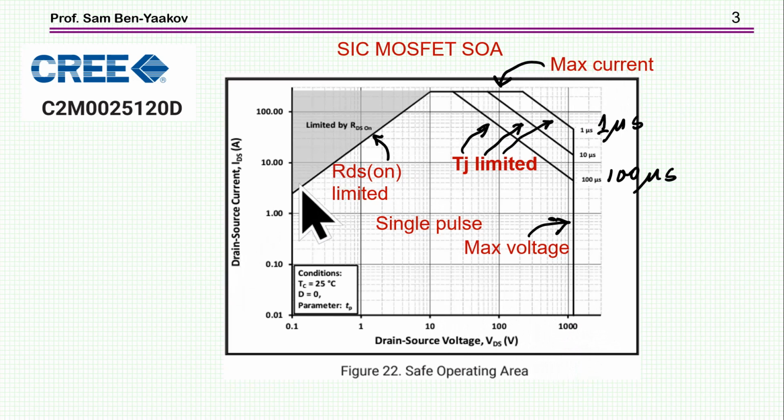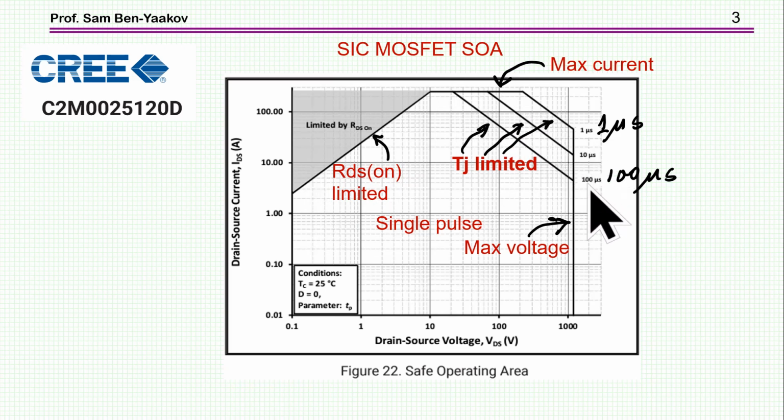And then this boundary here is actually the RDS on, because if the voltage is low, you cannot go above certain currents which are limited by the resistance RDS on. Okay, so in fact each point here represents the ratio between voltage and current to give you the RDS on. So this is this boundary here, and then we have these curves here, and these are for pulses.